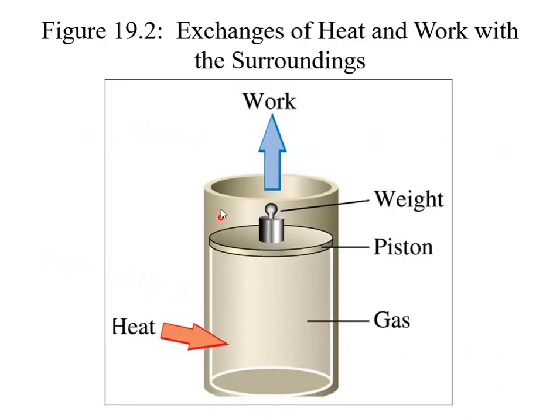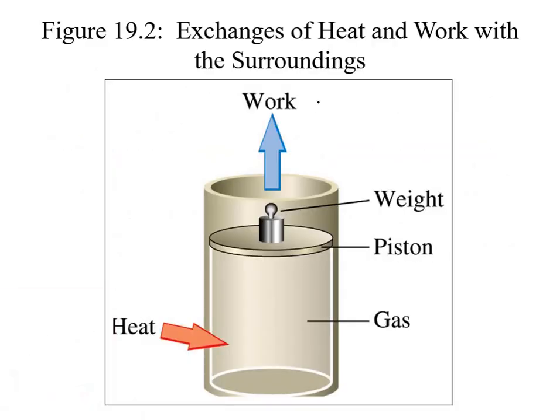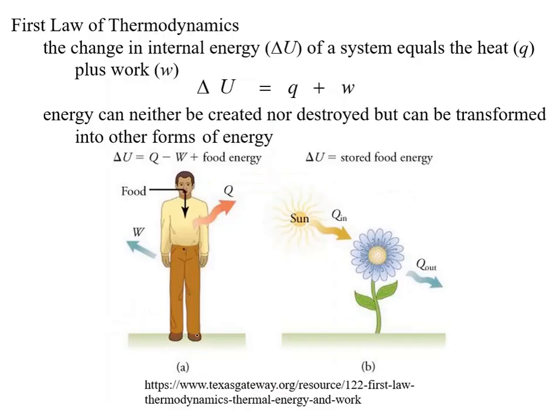And so here, the system is doing the work because it's going up, so the work is going to be negative, and the heat is going to be positive because the heat's flowing from the surroundings into the system.